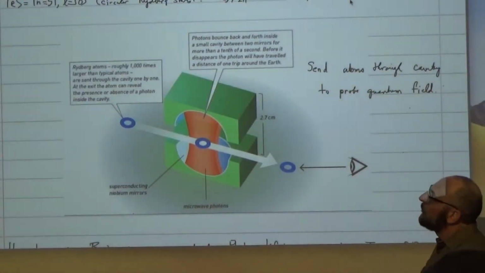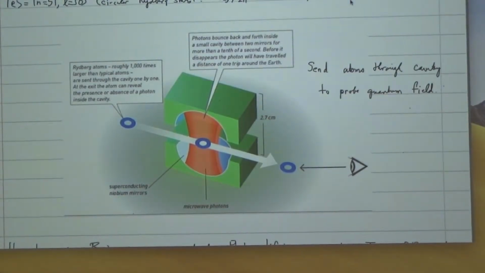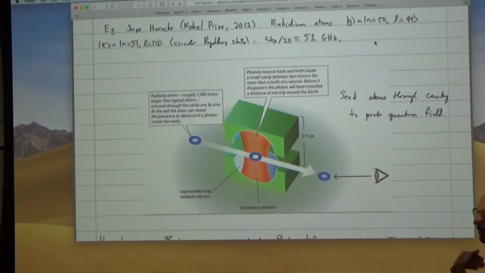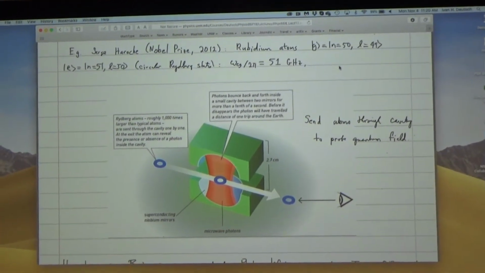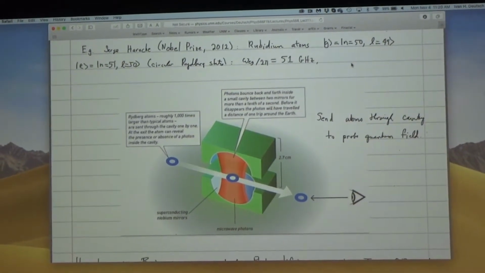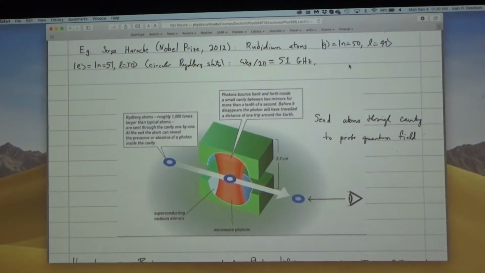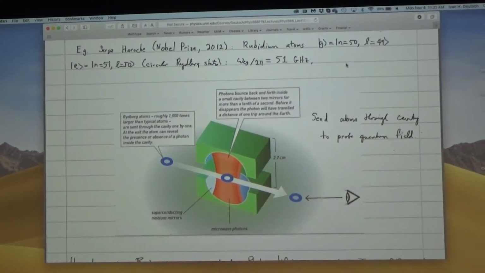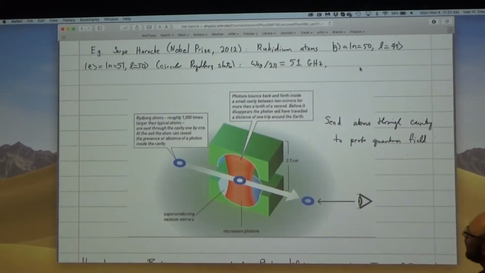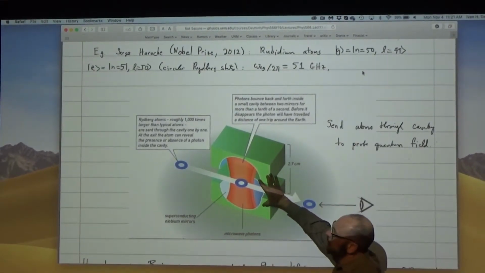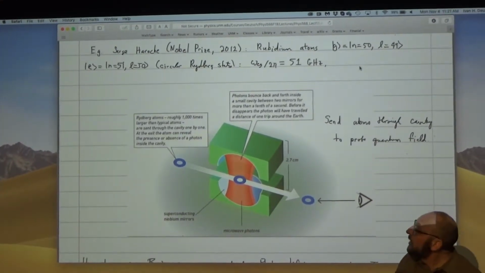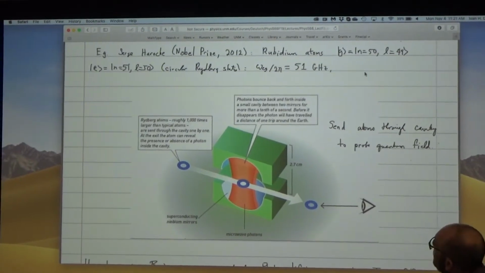So, here is an example taken from some graphics from Serge Roche's website. Serge Roche was one of the recipients of the Nobel Prize in 2012 for the manipulation of individual quanta. Some of the real seminal experiments that were done, mostly in the 1990s. And what you see here is a cavity that stores microwaves at about 50 gigahertz.